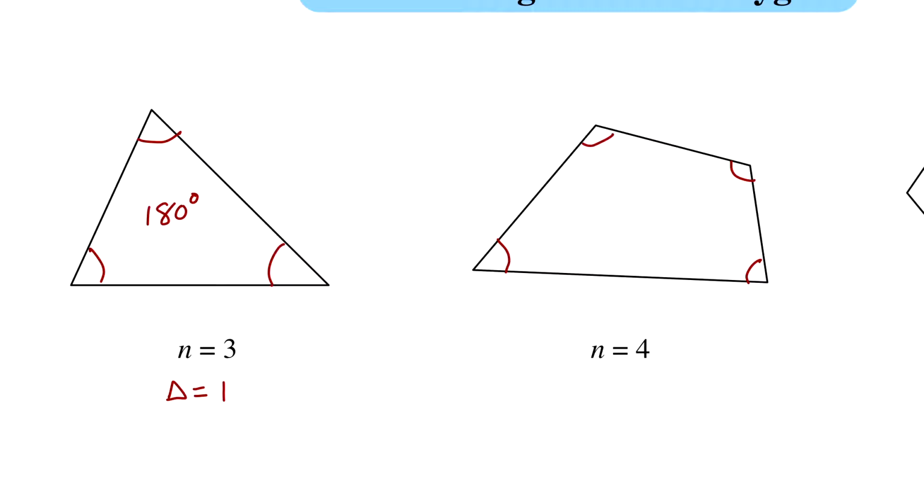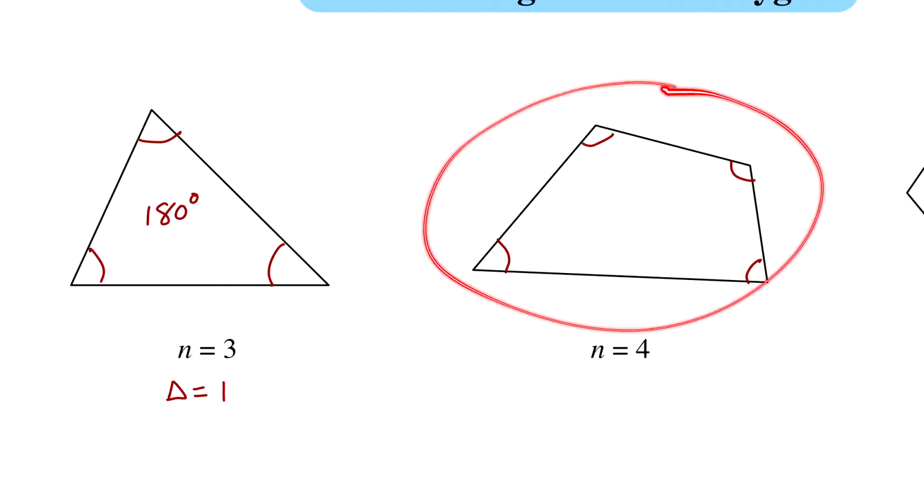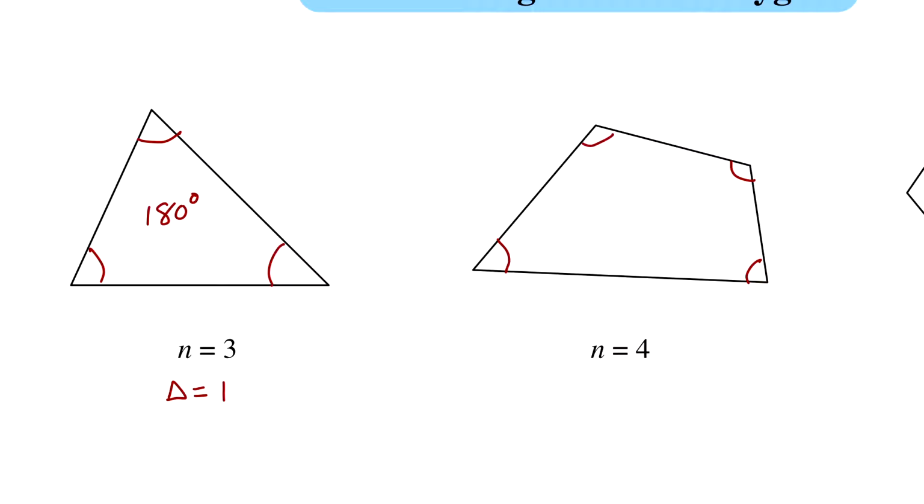Or maybe, I don't know what your guess might be for this. So what I'm going to go over is a strategy to help us figure out what all those angles add up to. The strategy really is to focus on what we do know, and that is a triangle. So if only I could change this quadrilateral into triangles.